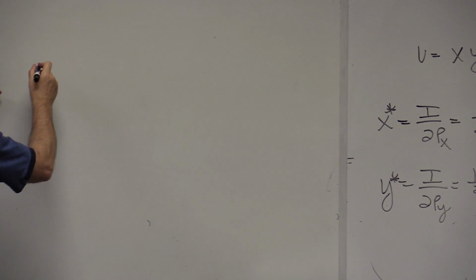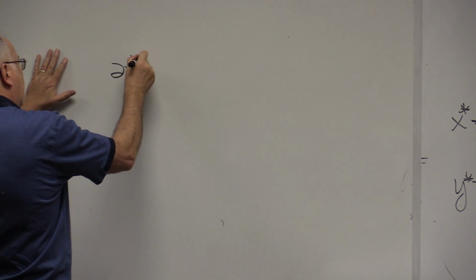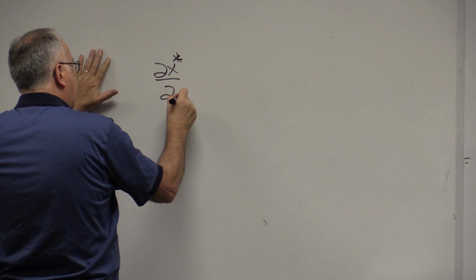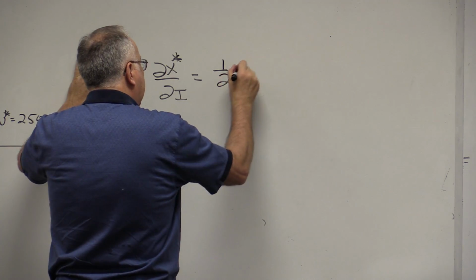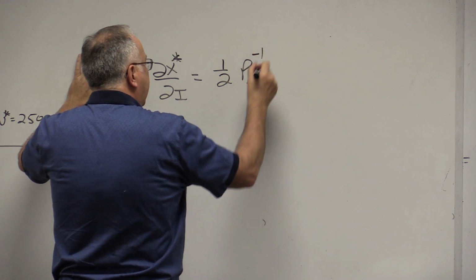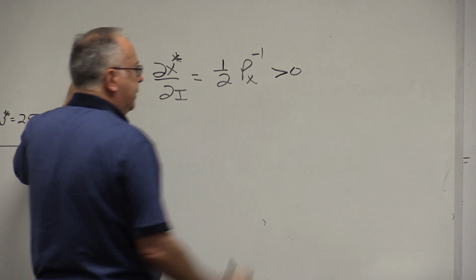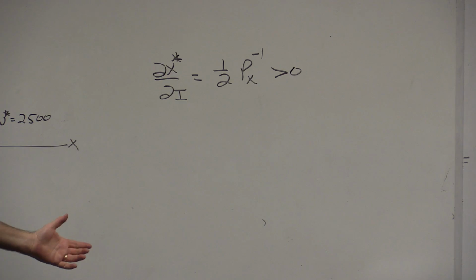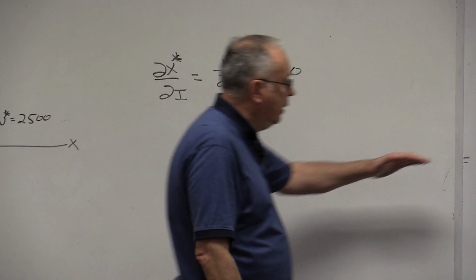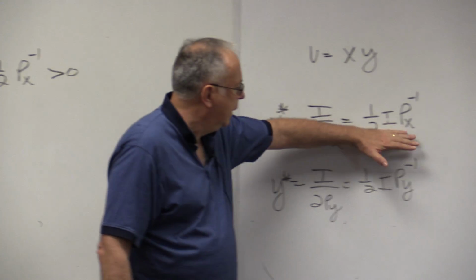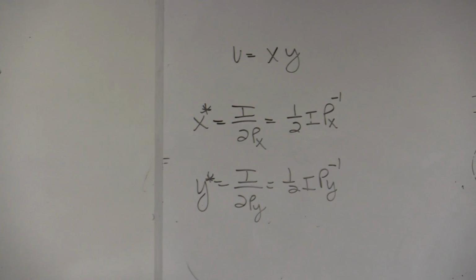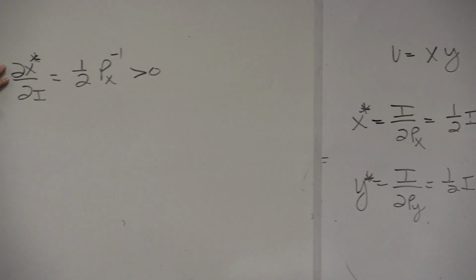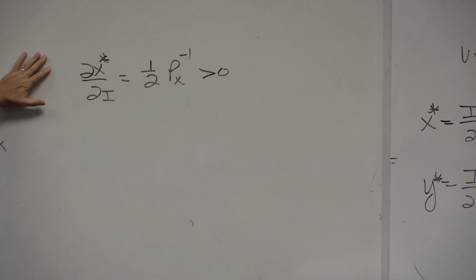So if you just take partial x star, partial I, notice that's just 1/2 times px to the minus 1. Obviously, this is always positive. Or you could see this more simply, probably the way Ian got that answer. He probably just looked at this and said, as income goes up, obviously this thing goes up. Or alternatively, if you use partial derivatives, you could see this partial derivative is always positive.